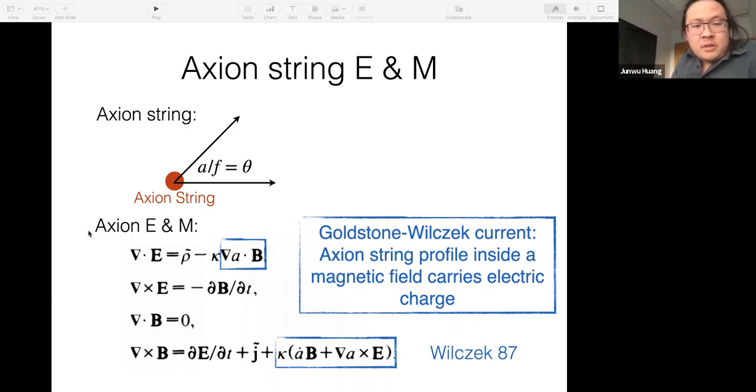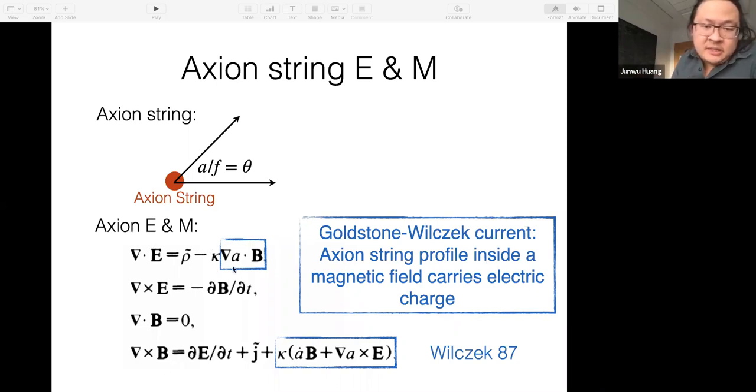Okay, and then on top of that, if you remember from Wilczek 87, if you have an axion field with some gradient in an electromagnetic field, this axion profile is going to carry charge inside the electromagnetic field. It's going to source some additional electric field and magnetic field.